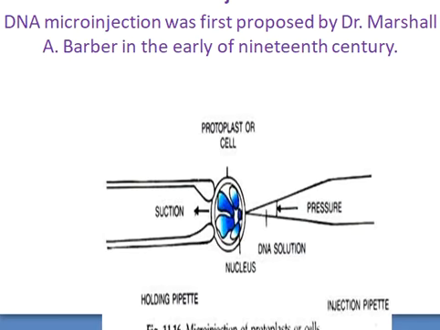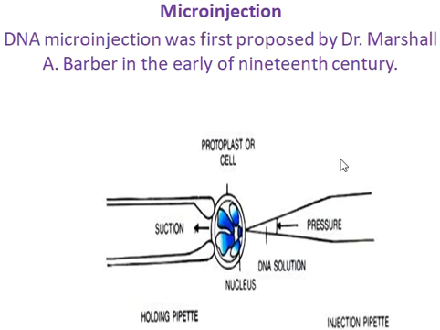It involves the delivery of foreign DNA into living cells, for example eggs, oocytes, embryos, cells of animal cells. Through a fine glass micropipette only, we are transferring the genes. You can find it in the picture. It is used to identify the characteristic function of dominant genes.